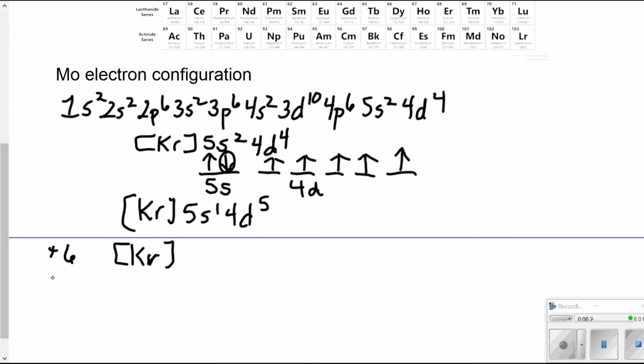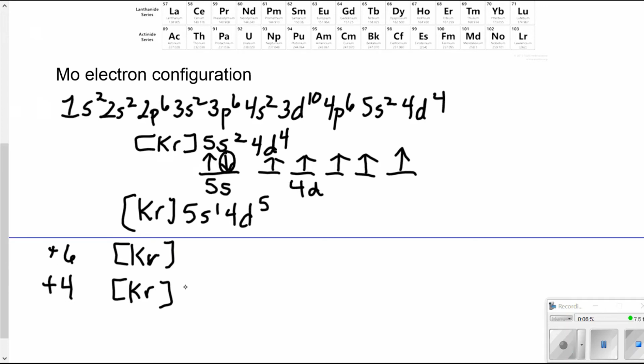But what we find is it does have some other common ions. One is +4. Well, what happens in +4 is that it loses the one from the s and then an additional 3. Now, in transition elements, or the ones that are filling the d orbitals, it loses the ones from the s. Even though it is not added last, it comes out first because it is the outer shell. And so it will lose that and an additional 3 other ones because +4 means to lose 3 electrons.